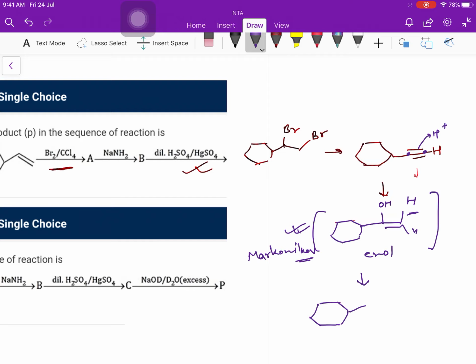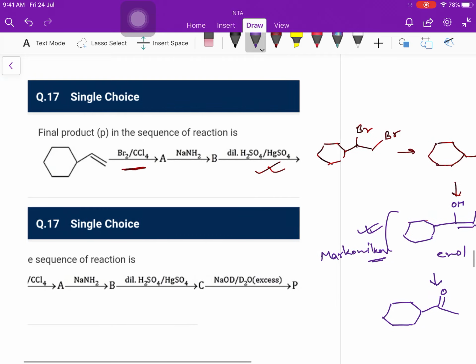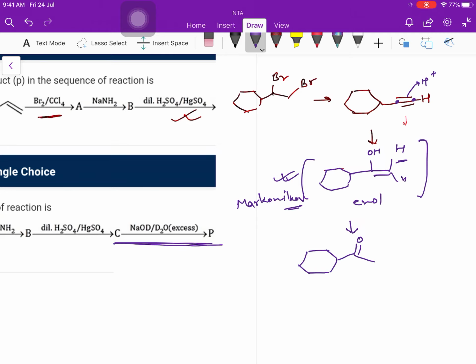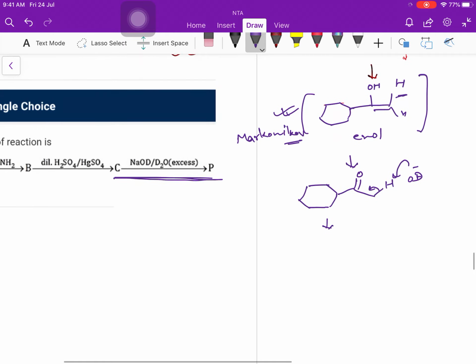So enol then gets converted to ketone, C double bond O, and then we are treating the ketone with NaOD and D2O. When we treat it with NaOD and D2O, the OD minus will abstract this alpha hydrogen and form an enolate ion again, O minus with double bond.